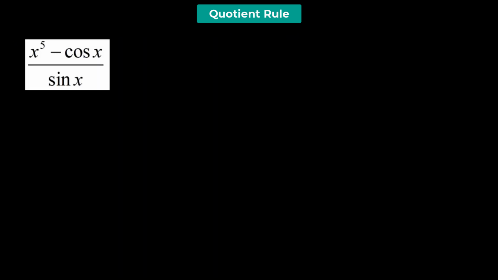So here we have x raised to the power of 5 minus cosine of x divided by sine x. So let's find the derivative with respect to x. So we'll have sine x whole squared in the denominator.